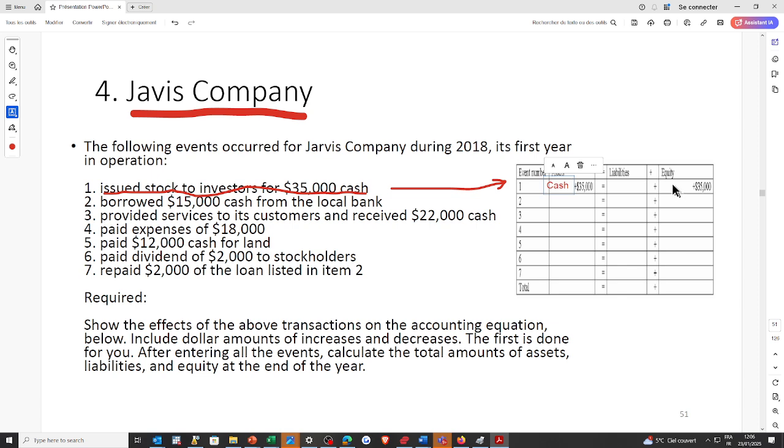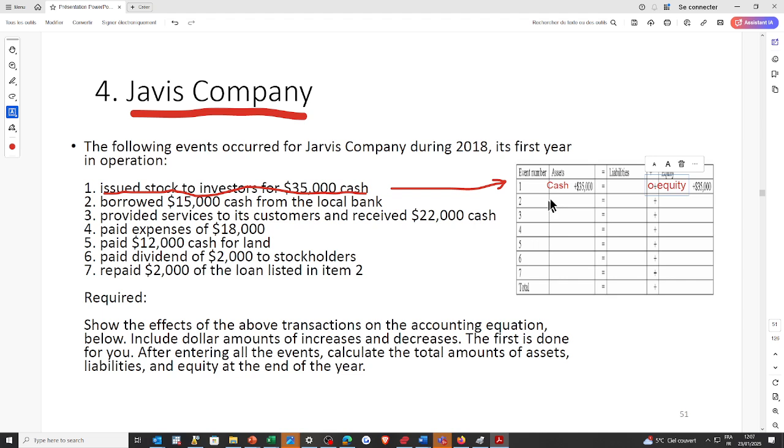However, you also increase the owner's equity. So you can see that the two sides of the accounting equation are equal because of the increase of 35,000 by cash, right? So now the job is to show the effect and include the dollar amount of increases and decreases, right?